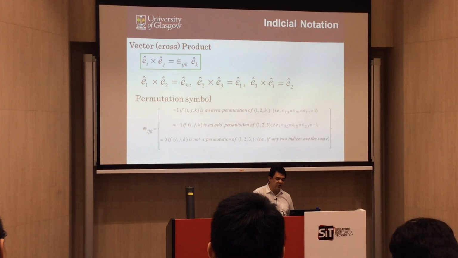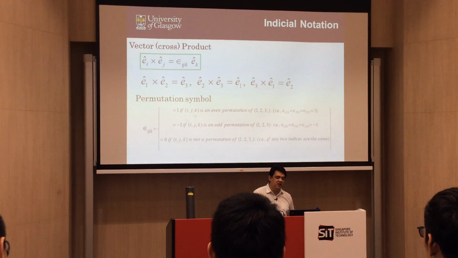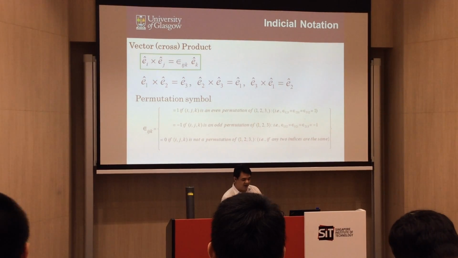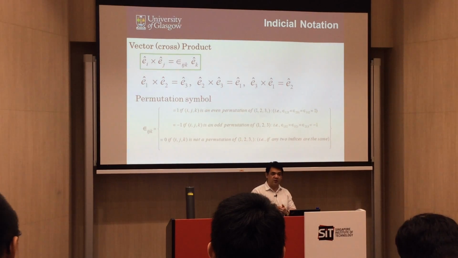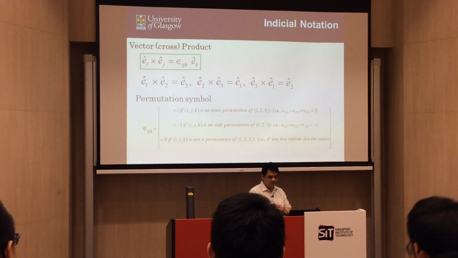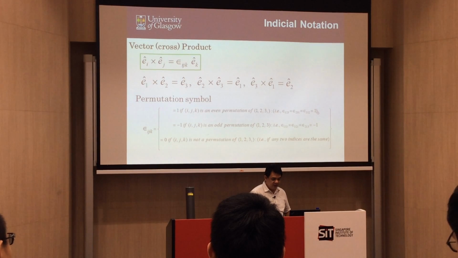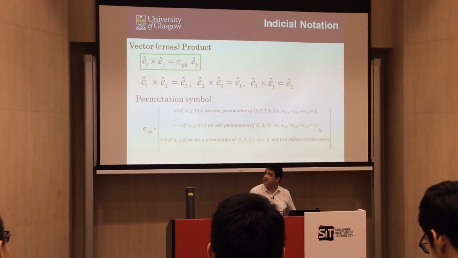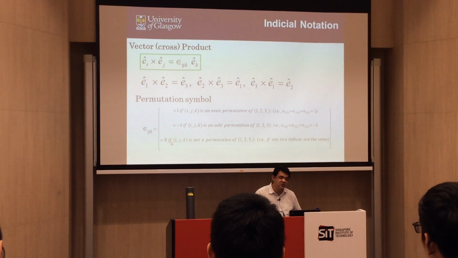Take note of this one. There is a permutation symbol, epsilon ijk. So in addition to the Kronecker delta, you have a permutation symbol. So this can have a value of 1, -1, or 0.